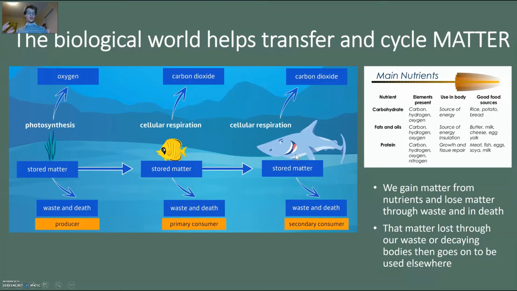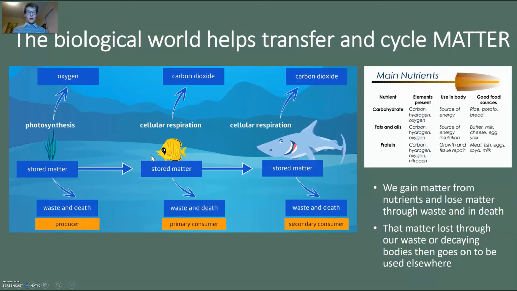The biological world makes it so easy for matter to be transferred. Otherwise, we'd have to do it artificially so often, like how machines transfer matter to make pens and other things. The biological world just does it so naturally.